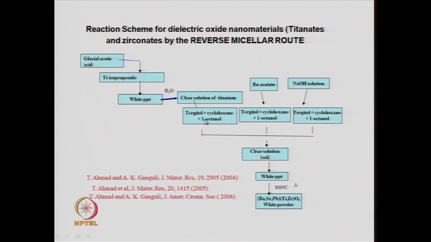The microemulsion is made of this surfactant, which is sturgitol. It is a non-ionic surfactant, and we know surfactants are molecules which have a long hydrophobic chain and a polar head group. Here it can be ionic or non-ionic. In this case, we are taking a non-ionic surfactant, sturgitol, and you have to add some water and some non-aqueous solvent to make the microemulsion.